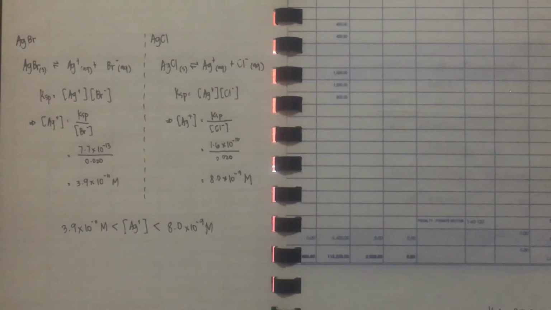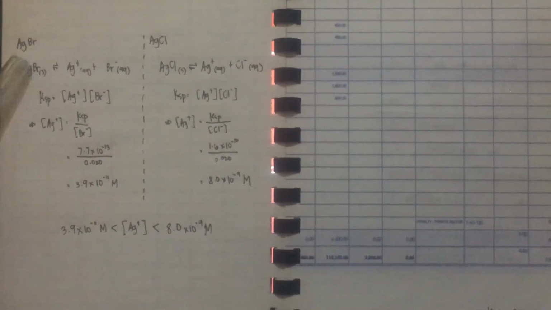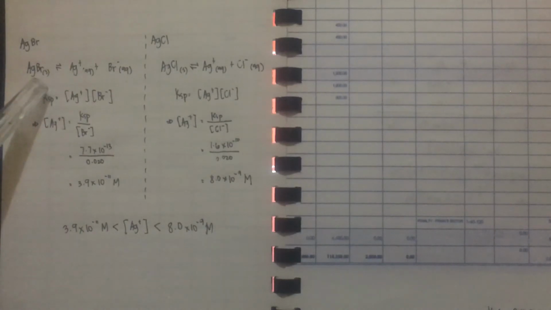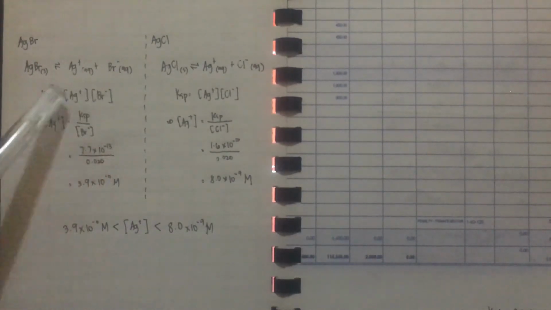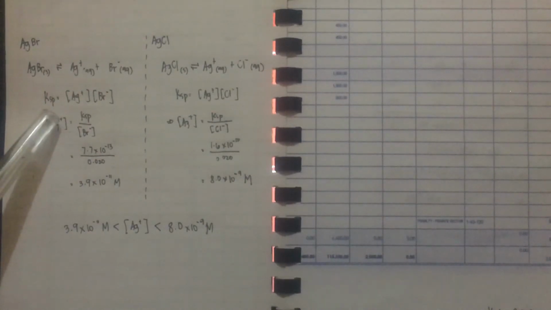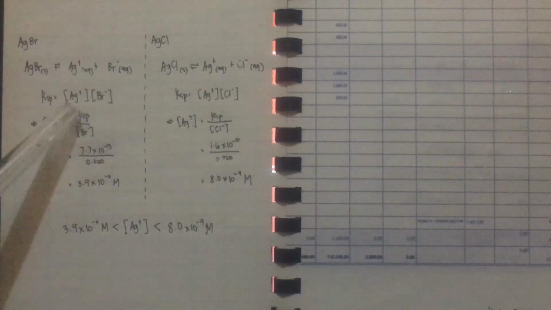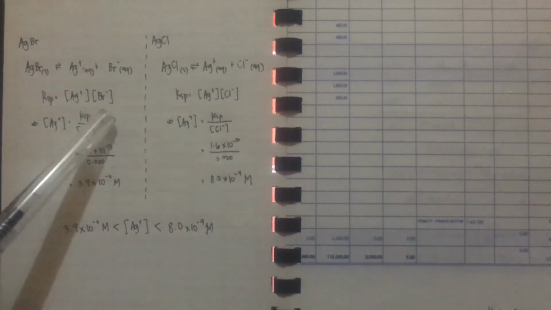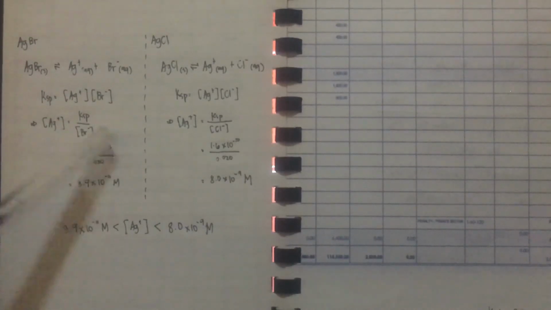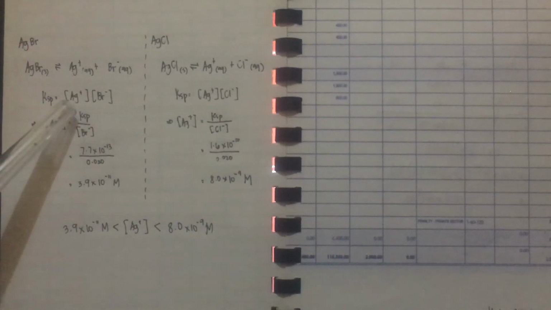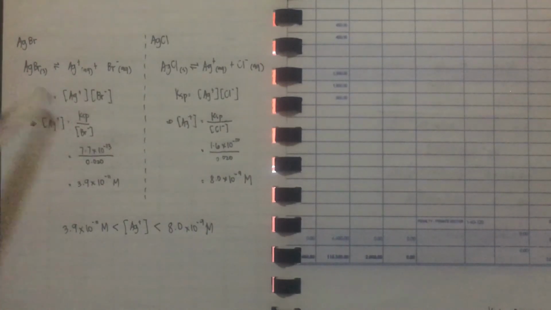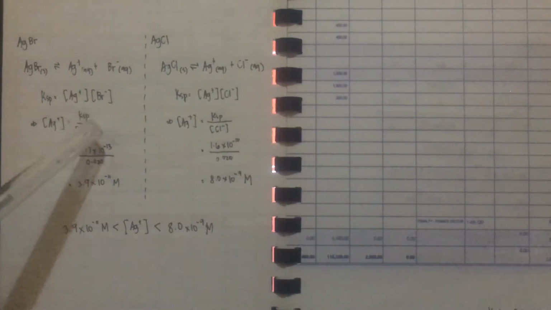So we have two parts for the solution for this problem. The first one is silver bromide. The dissolution of silver bromide will give you Ag plus and Br minus. The Ksp for this reaction is Ag plus concentration times Br minus concentration. To get the concentration of Ag plus, we divide both sides by the concentration of Br minus.